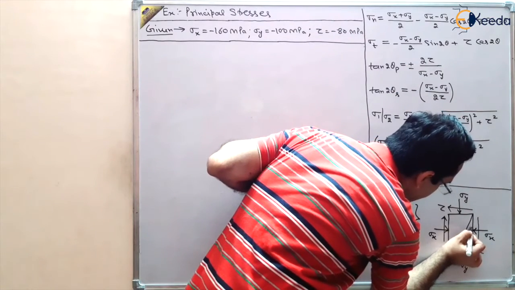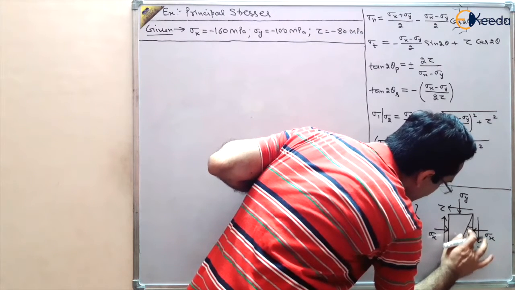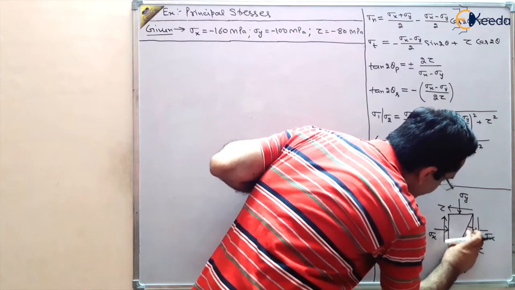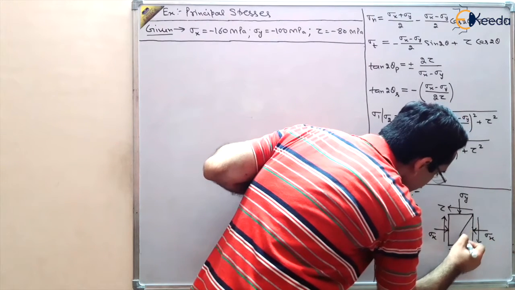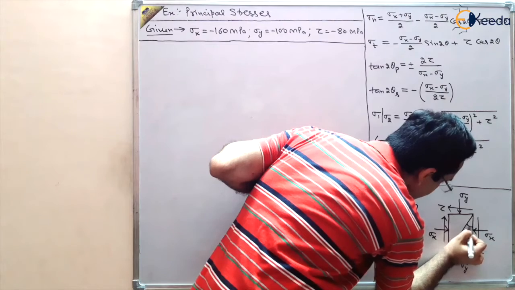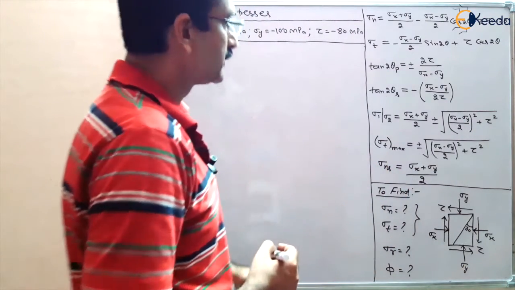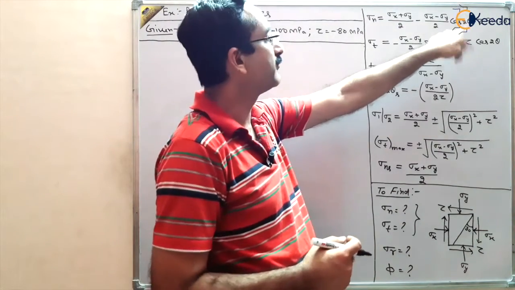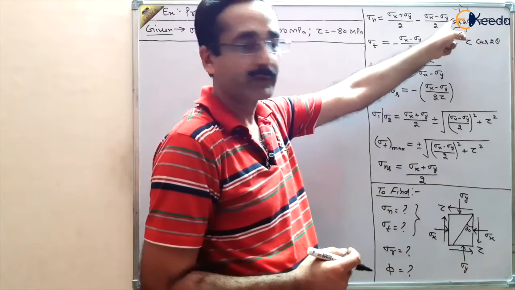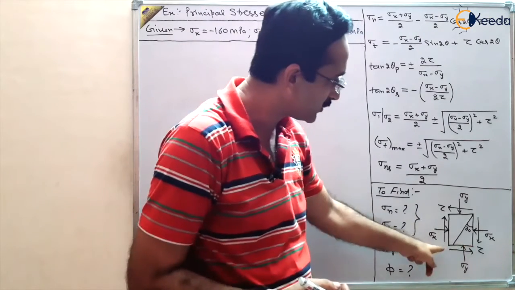Our aim is to find out at angle theta, this 30 degrees, right? This is our 30 degrees. But as you know, when we were deriving these formulas, if we want to use these formulas ready-made, then we have used theta with the face of sigma y, this horizontal, right?